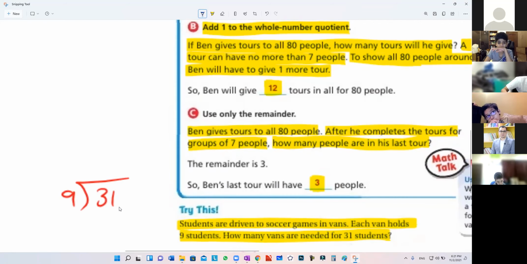Okay. So now 31 divided by 9 equals what? What is the closest number to 31 in the table of 9? 9 multiplied by what? The closest number to it.